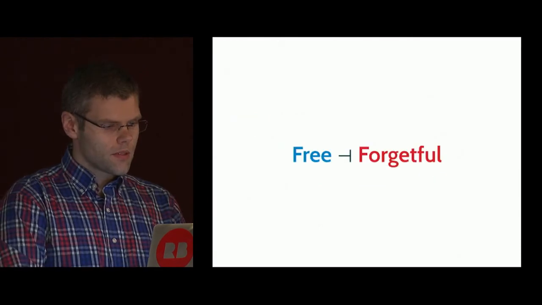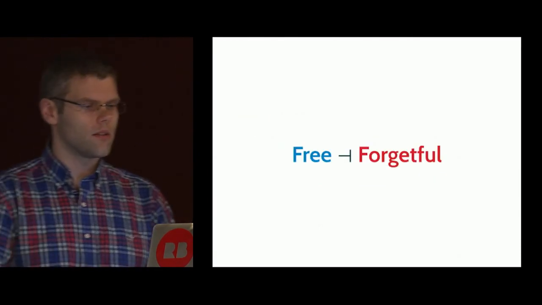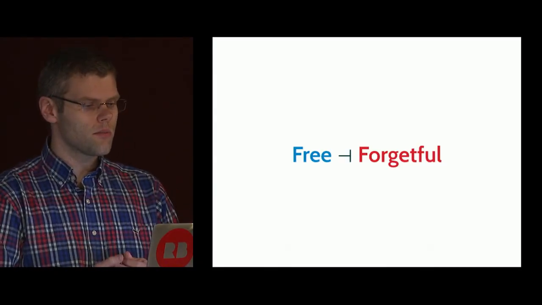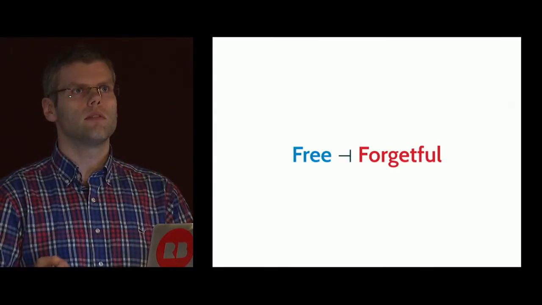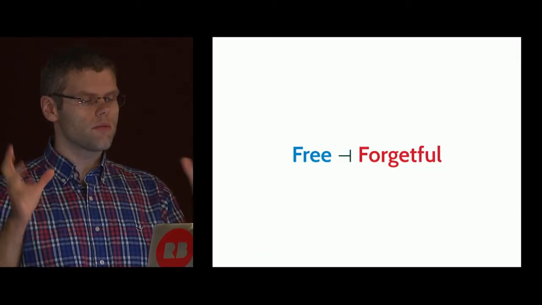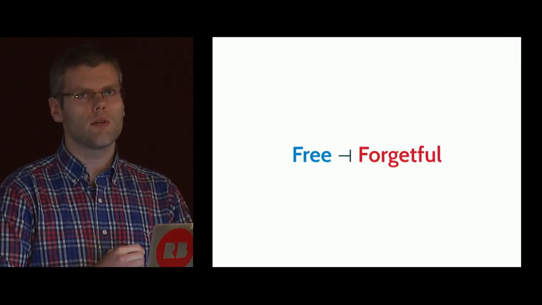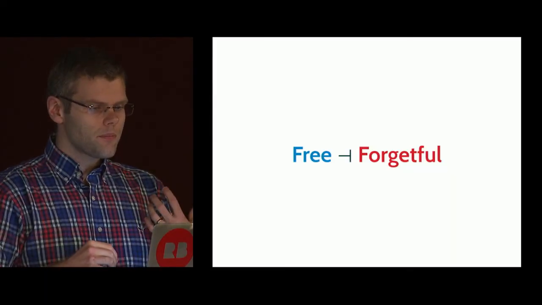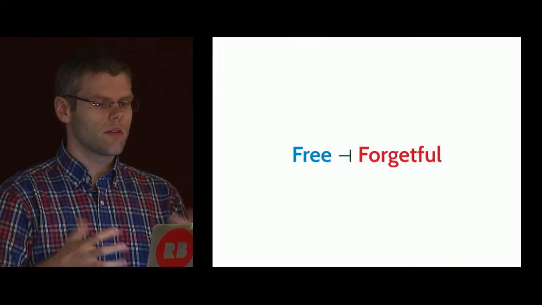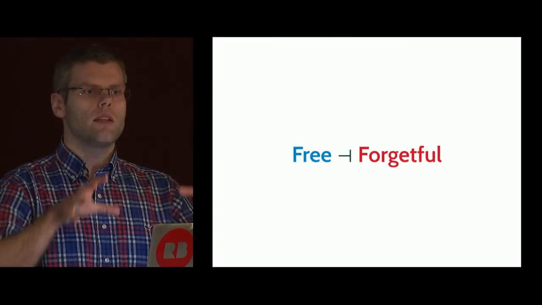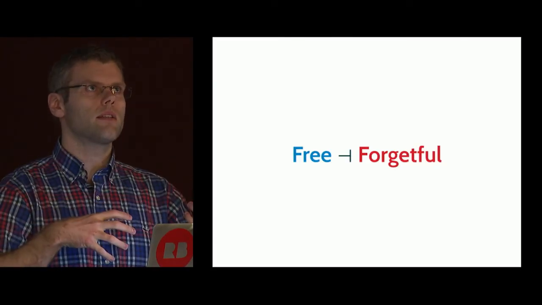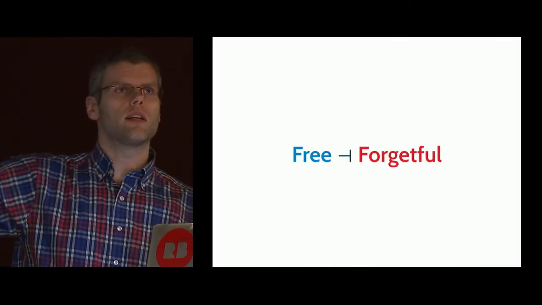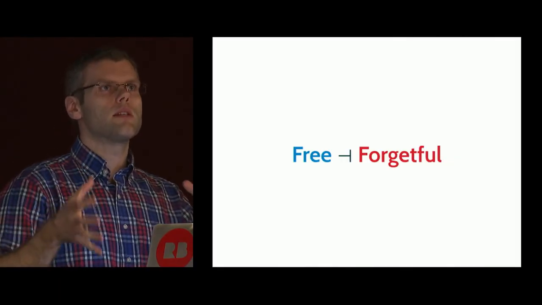Okay? So the other sort of canonical adjunction we can talk about is the adjunction between free and forgetful functors. So free as in free monads and free monoids. So list is a free monoid. And that adjunction, if we take list, for example, is witnessed by the fact that the left side of the adjunction, the free side, is witnessed by the constructors of the list data type.